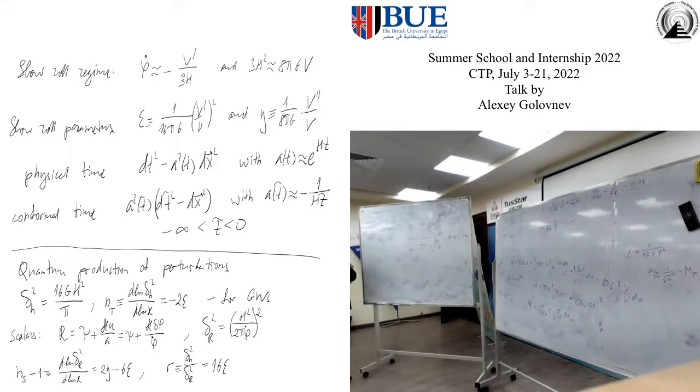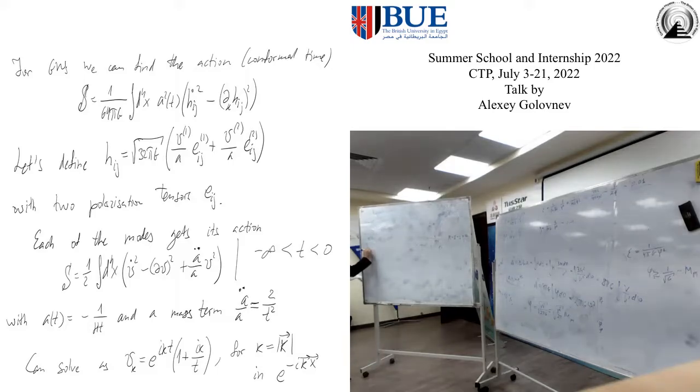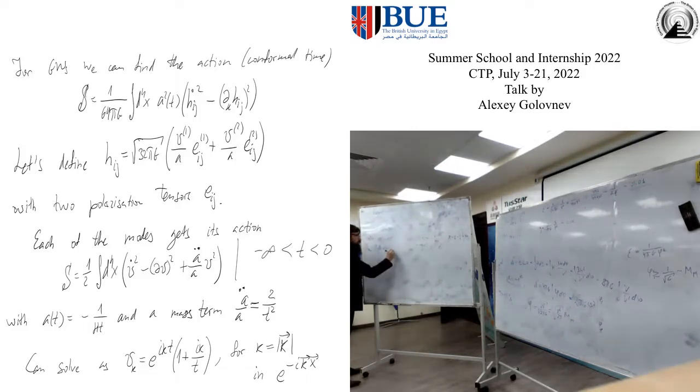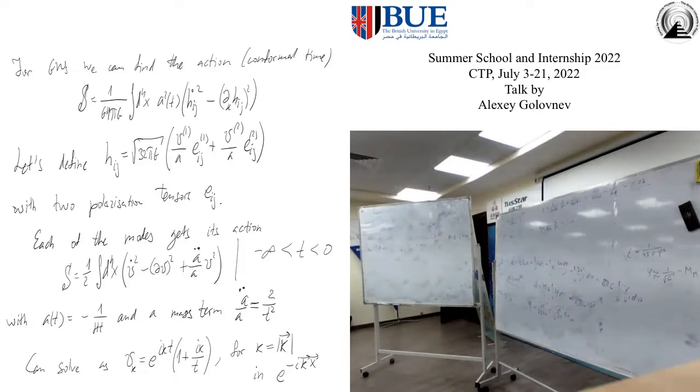And also, as we discussed yesterday, you can find out that the quadratic action for gravitational waves looks very simple. Very simple, but it has this prefactor which depends on time. And then you have h_ij dot squared minus the gradient squared. You have this action for the gravitational waves.